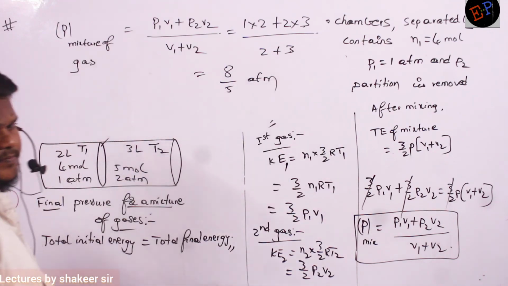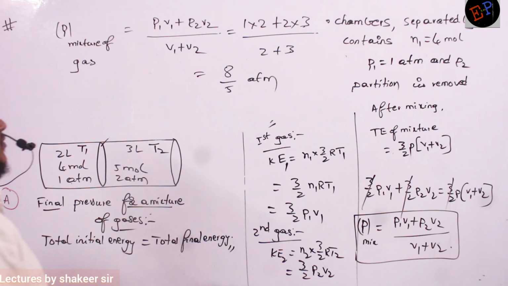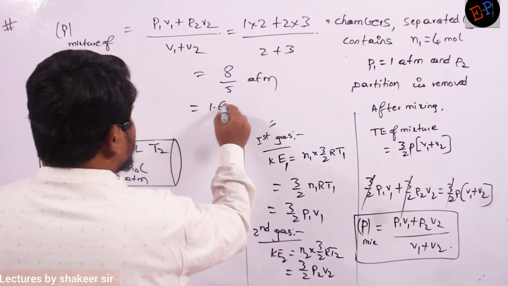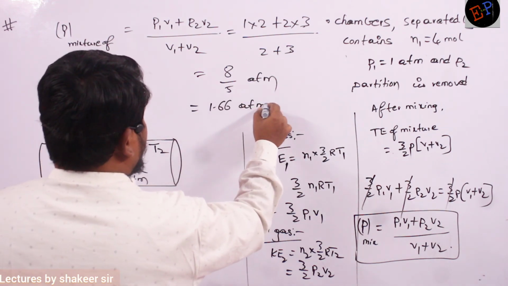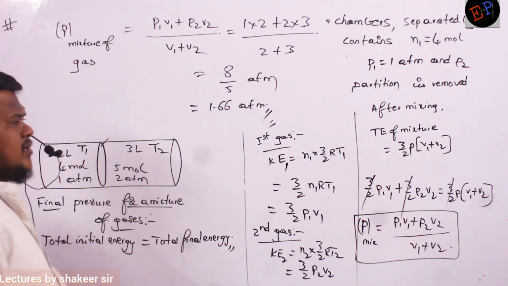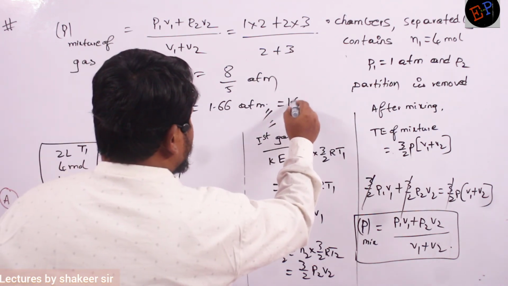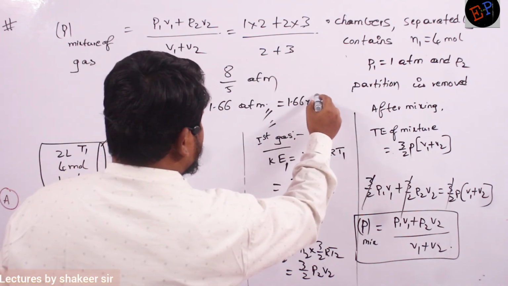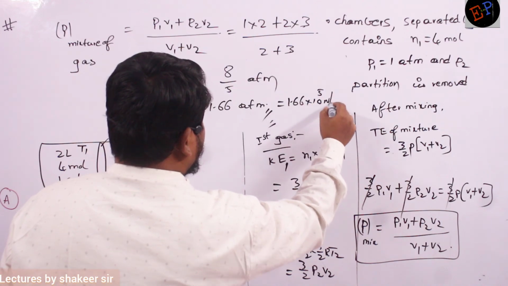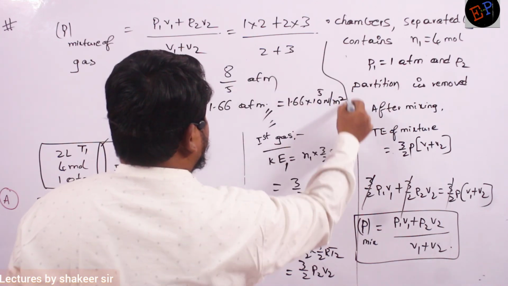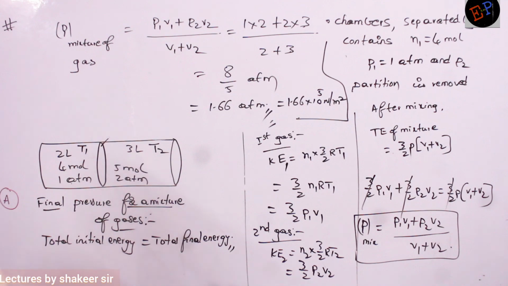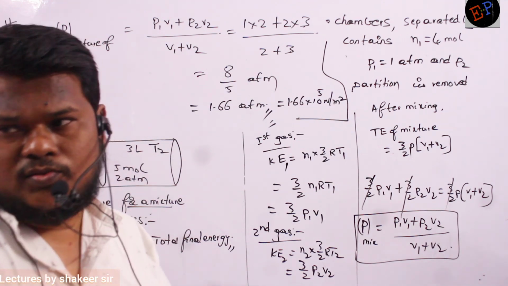This is the pressure. 8 by 5 means approximately 1.6 ATM. Or you can write it is 1.6 into 10 power 5 Newton per meter square. You can write like this also. Newton per meter square is also called Pascal.